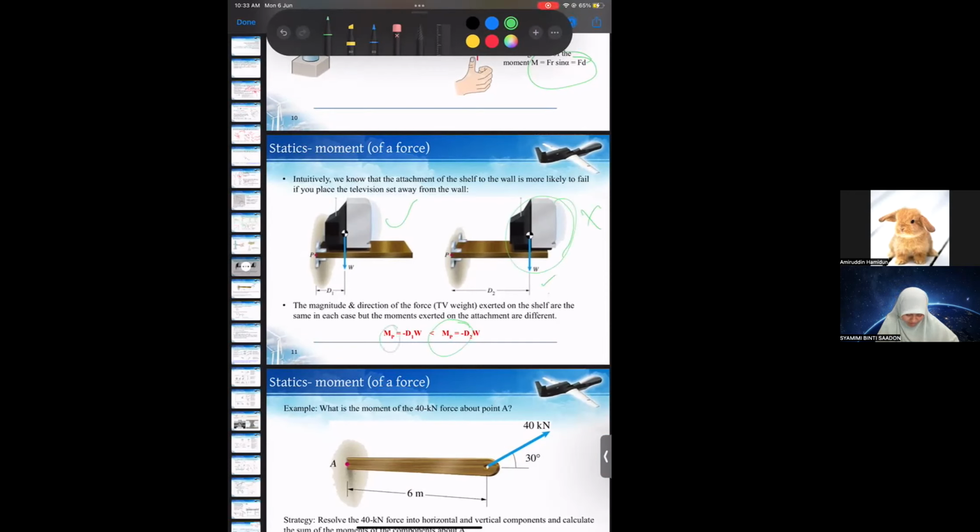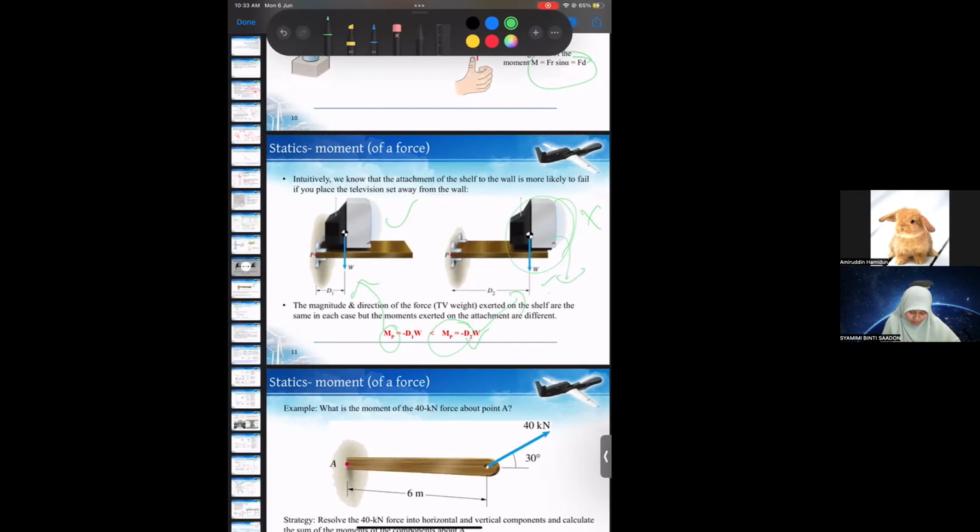The moment of this location is higher, and when the moment is higher it means it will rotate. If it rotates, then the television will drop. The moment of the force will be higher because the television could rotate and move, so it will fail.